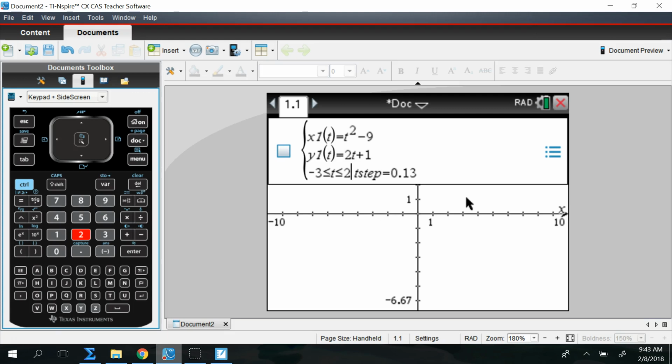Okay? All right? Now, when I hit enter after I've done all that, and tomorrow we'll get to what happens if we change our t-step values. We'll get to that later on. Okay?